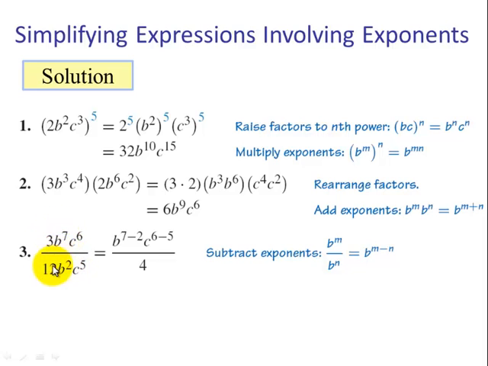So when we divide, we subtract the exponents, 7 minus 2. And then for the base of c, we have 6 on the top, 5 on the bottom. We subtract those two, 6 minus 5. Next, we perform subtraction, and we get b to the 5th times c divided by 4.